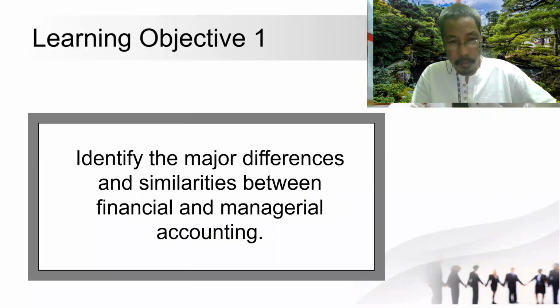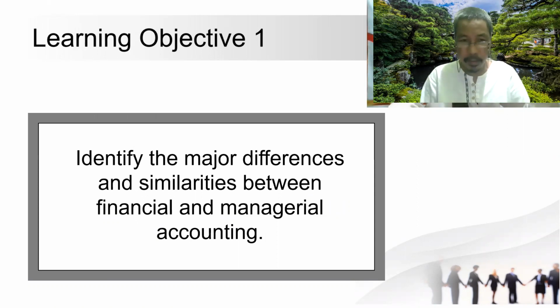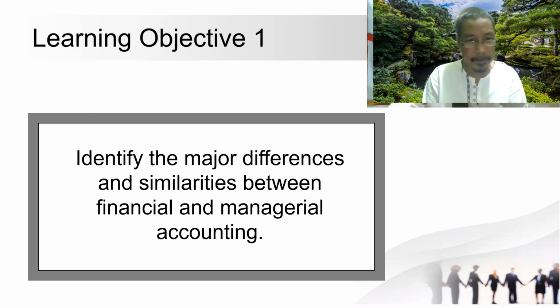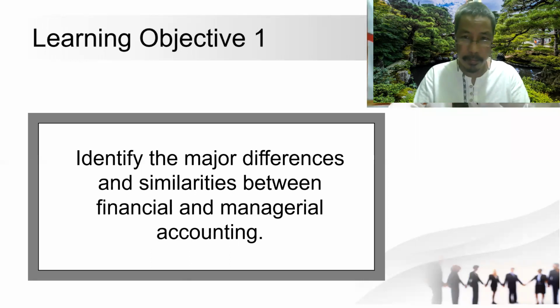In this module, we have our learning goal to identify the major differences and similarities between financial and managerial accounting. So we already reviewed the financial accounting side for more than 3 weeks.